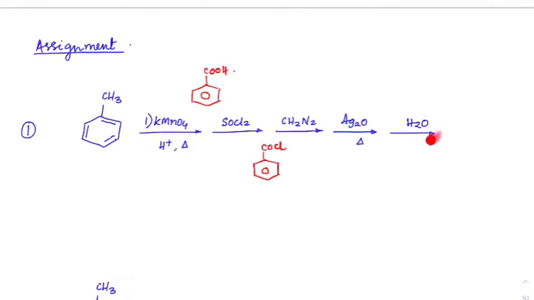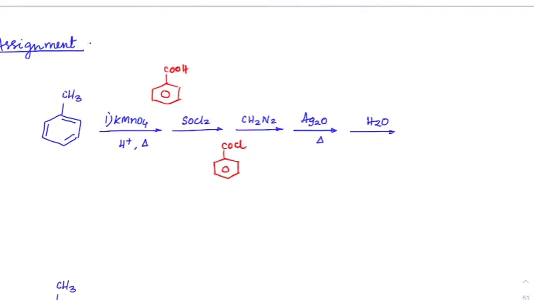Remember, all of this is a one-step reaction. This is the Arndt-Eistert reaction, which tells us that the product would be insertion of that CH2 inside. So we will get this as CH2, C double bond O, OH.